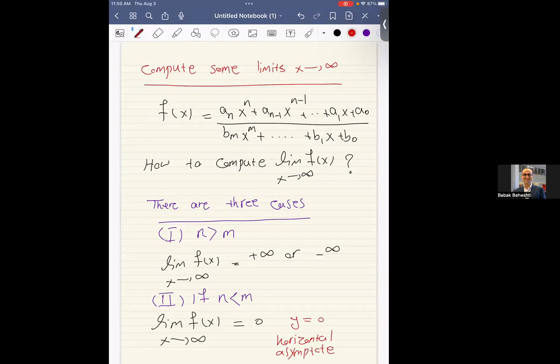And the third case and the last one is when n is equal to m. So the degree of the numerator is equal to the degree of the denominator.